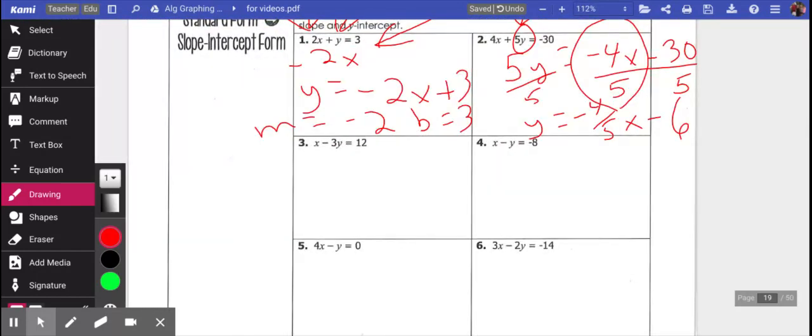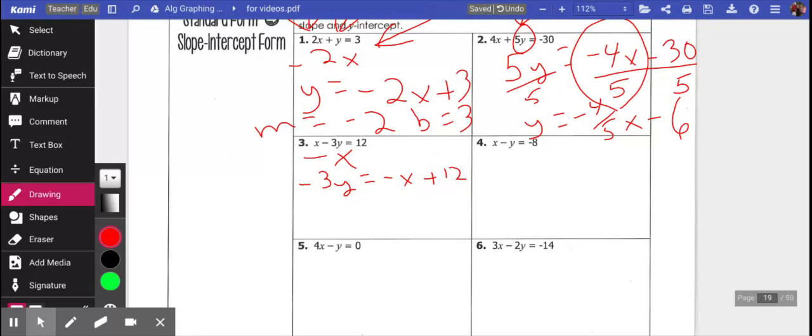Let's do number 3. So we're going to minus x on each side first. So that leaves us with negative 3y equals negative x plus 12. And then we're going to divide by negative 3.